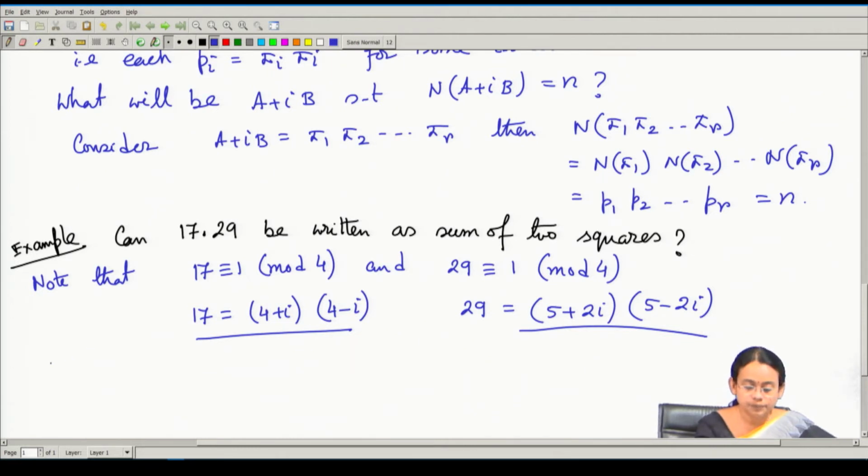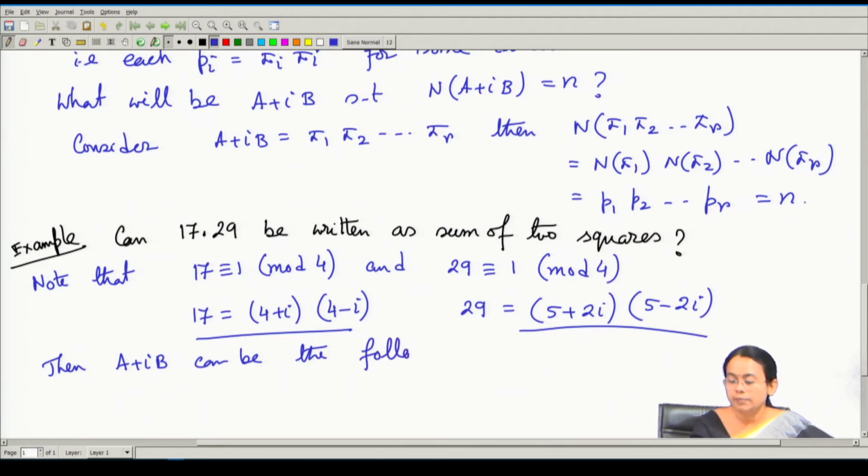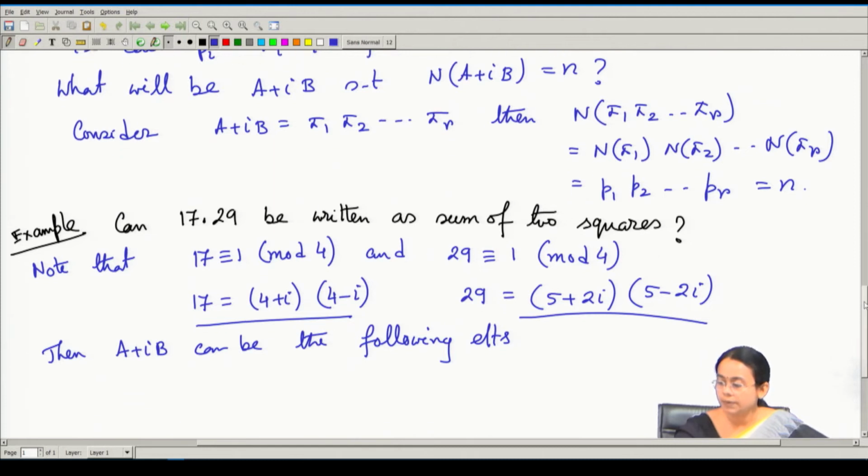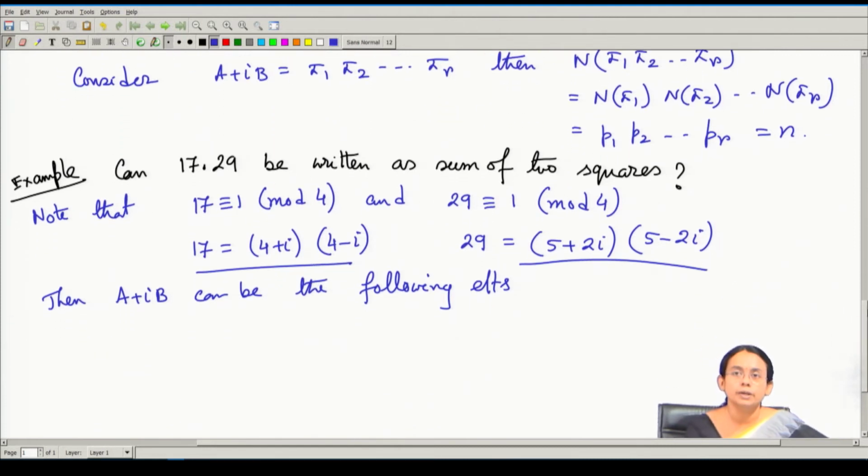So, then a plus ib can be the following elements. As I have already told you, a plus ib may not be unique; there might be several choices. Here I will explicitly write down the choices.